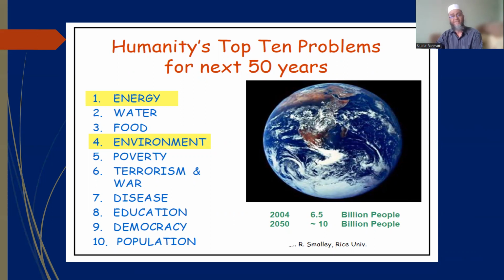Number 1 is energy. Number 2 is water. Then food, environment, poverty, terrorism and war, disease, education, democracy, population. As you know, I am working in the area of energy. Alhamdulillah, it is number 1 among the top 10 problems all over the world.